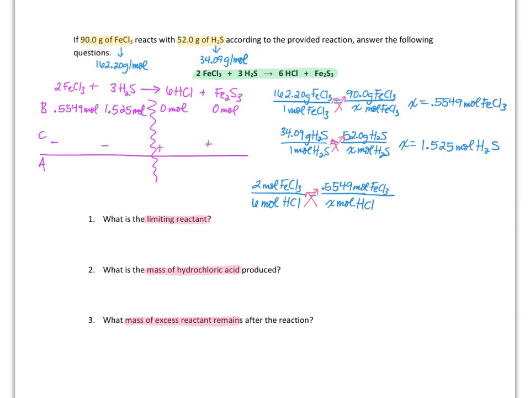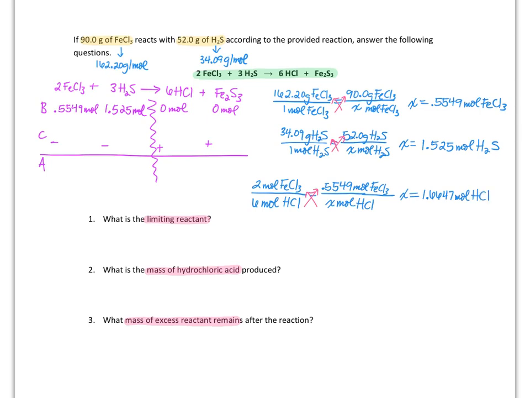Okay, cross multiply, divide to find the moles of HCl. We're going to take our moles times 6 divided by 2, and this is going to give me 1.6647 moles of HCl.